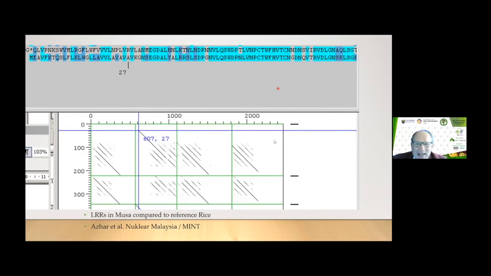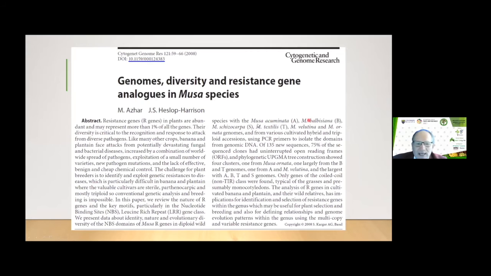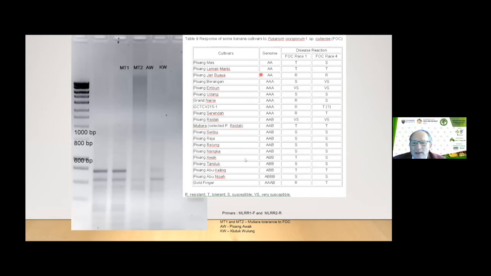That led us to looking at a range of the genes with these nucleotide binding sites, leucine-rich repeat genes, from the Musaceae textilis, velutina, the self-peeling one, and ornata. Altogether, we found quite a lot of interesting variation here, which can certainly be brought together.